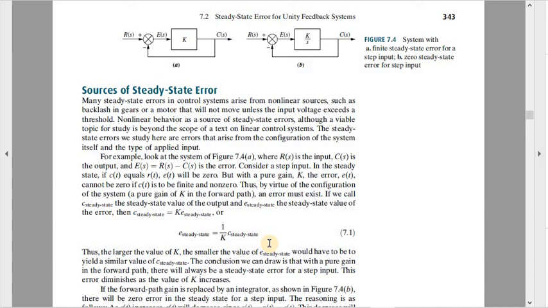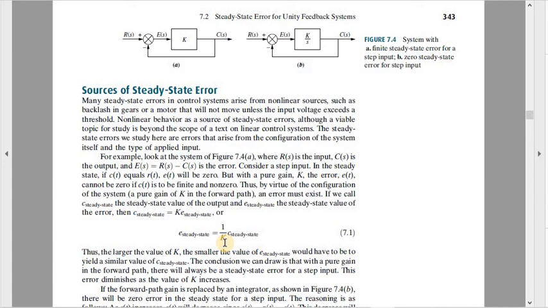So if we go through what we learned: what is steady state error? Steady state error is the difference between the input and the output when t tends to infinity. In other words, steady state error is calculated after the transient response, and this is only applicable when you have a stable system. Equation 7.1 tells us that if you have a constant steady state error, you can only make it 0 when you introduce an integral to the system, which gives an infinite gain.